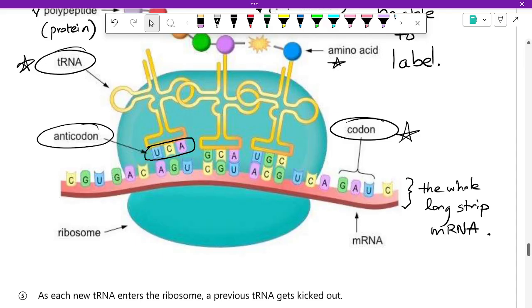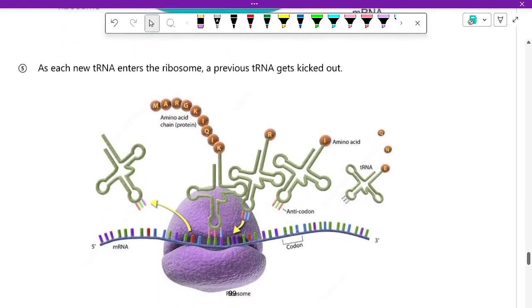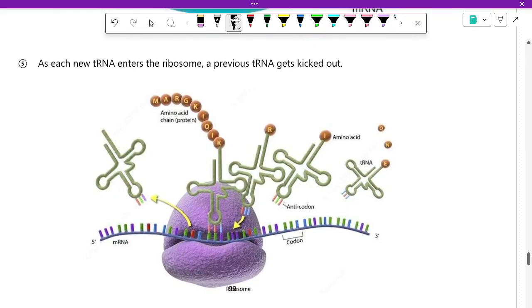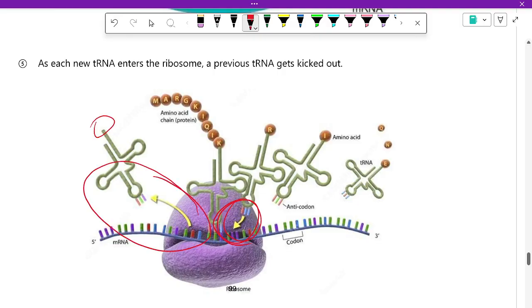And then I kind of liked this diagram because it shows that as one tRNA comes in, you can see it coming in here, as it comes in to match up, another one gets kicked out. And you'll notice the one that gets kicked out, does it have an amino acid on it?